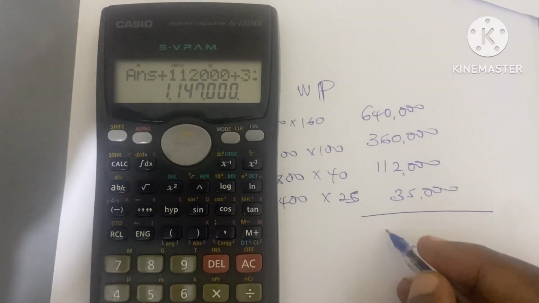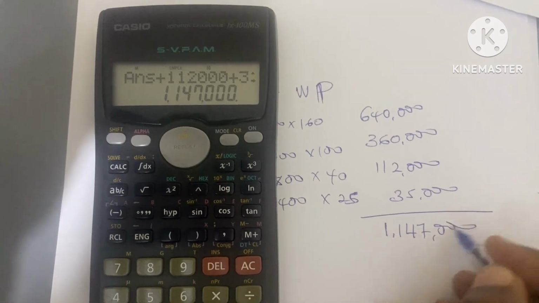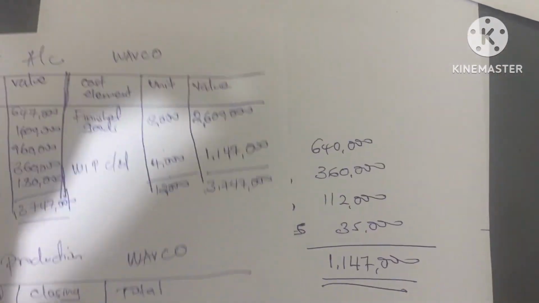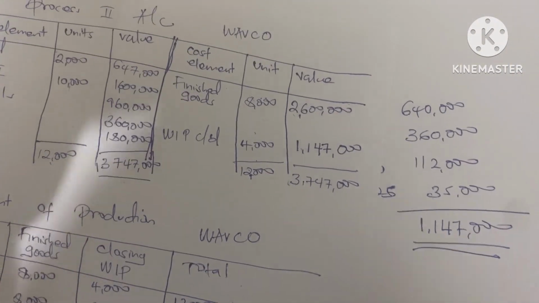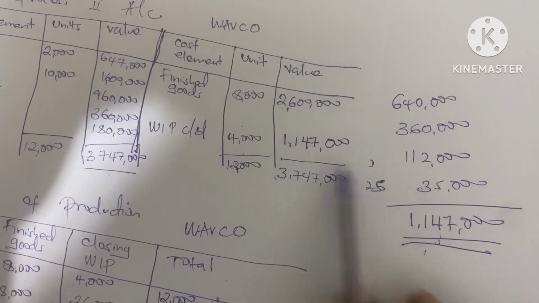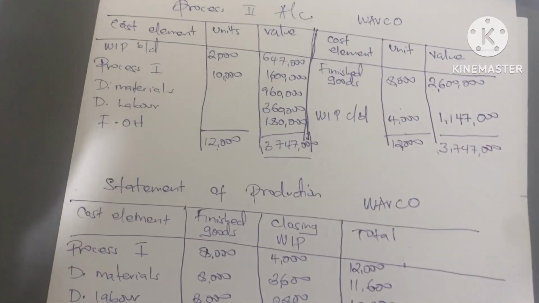What you get is the value of work in progress. You see that this figure is the same as this figure that we got here. This is the same as this. So you can either do it that way or this way. It all works. So that is it.